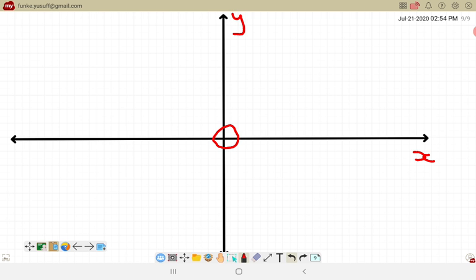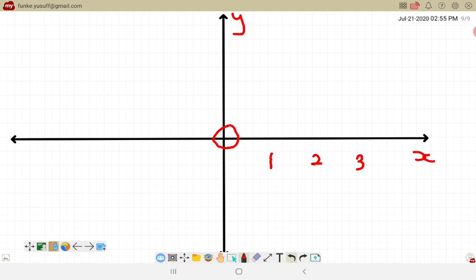This is the origin, this is 0. Let's call this place 1, 2, 3, and so on.